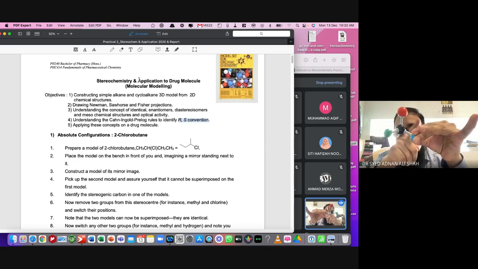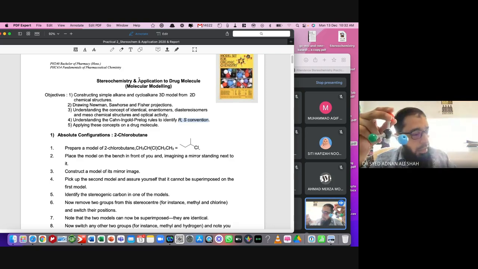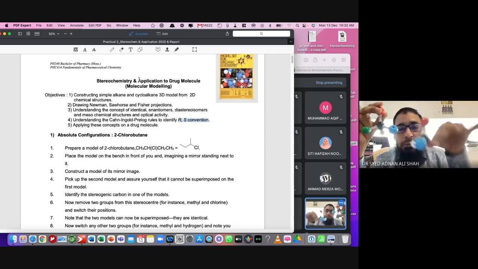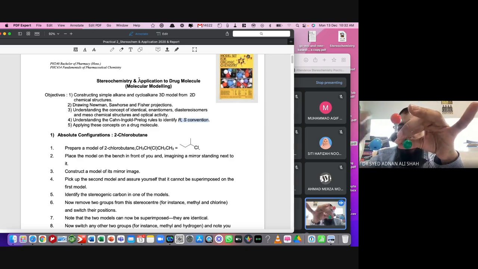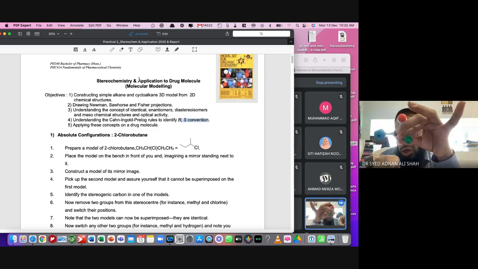This is anti-clockwise, right? If the configuration is anti-clockwise, then this one will be S. If, for example, this molecule, which is the mirror image, this one is another molecule, 1, 2, and 3, this one is clockwise.